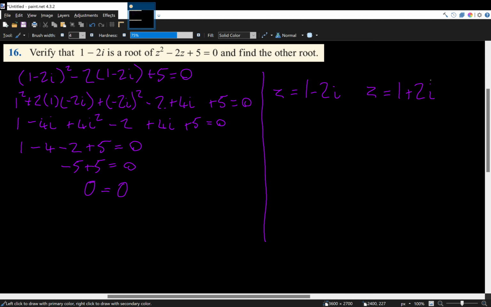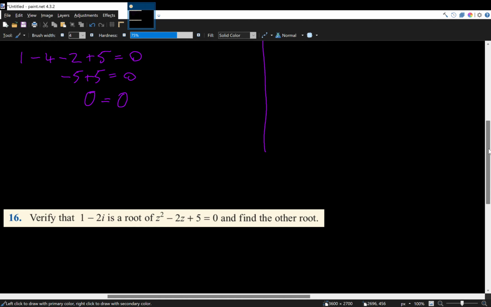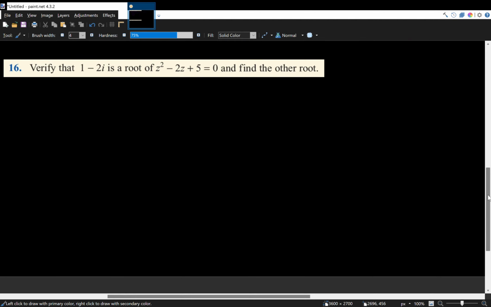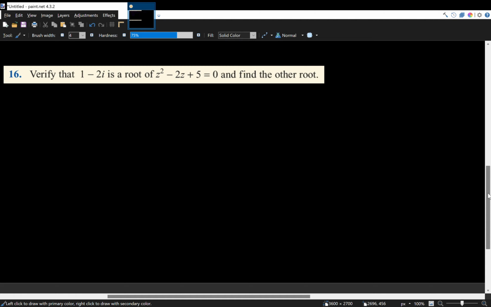Now the alternative way of doing this, if we wanted, would be that we use the quadratic formula to solve out for the root, and we will find out whether this comes out as our root in the end.